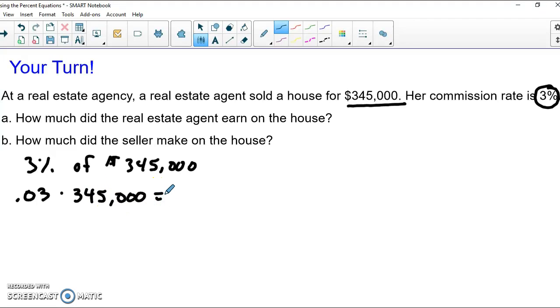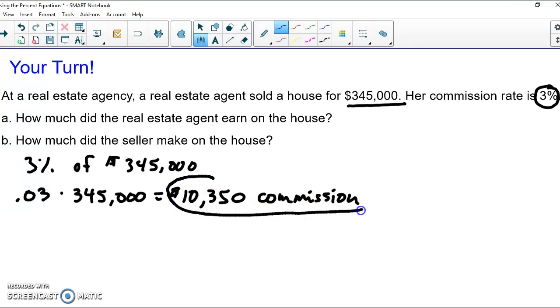So when I multiply this out on my calculator, 0.03 times 345,000 equals $10,350. So this is the amount of commission that our real estate agent is going to earn. Pretty good paycheck for selling one house.